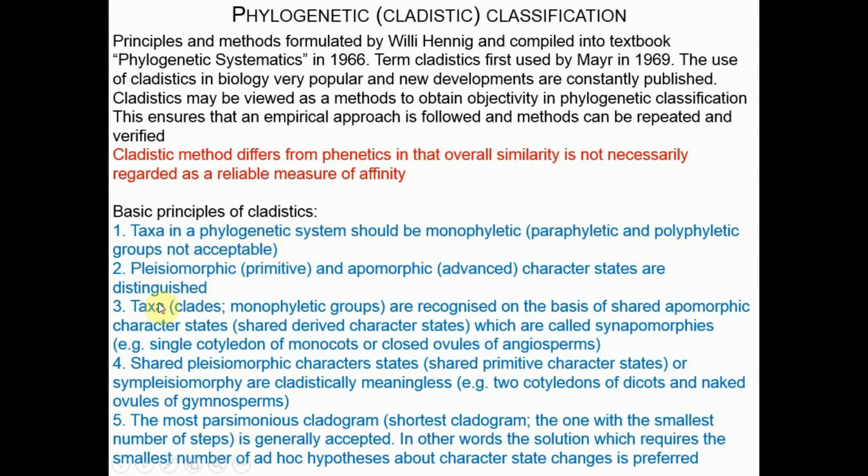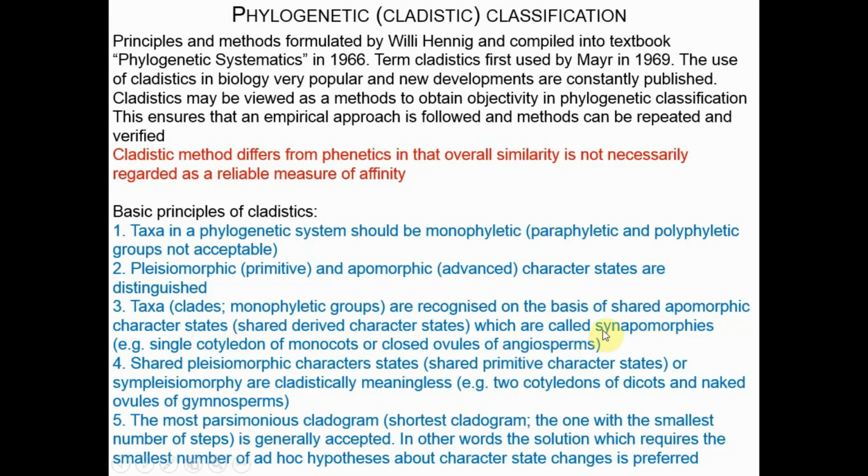We distinguish between primitive and advanced character states. So those are also called plesiomorphic or apomorphic character states. Taxa, which are your clades or monophyletic groups, are recognized on the basis of shared apomorphic character states, shared derived character states, which are also called synapomorphies.